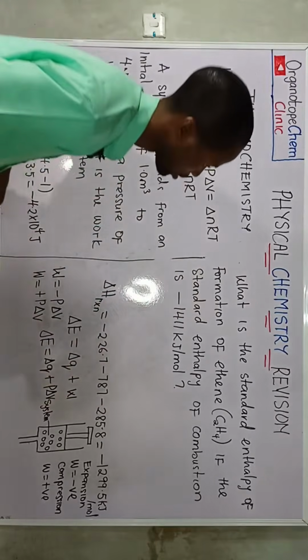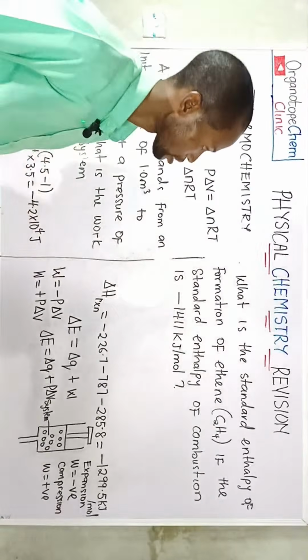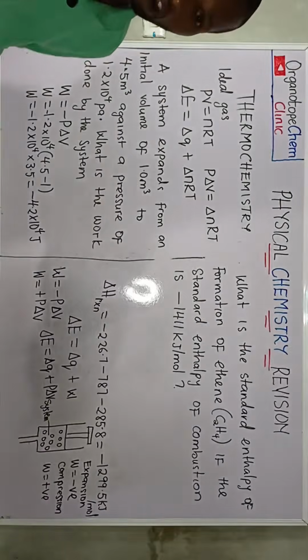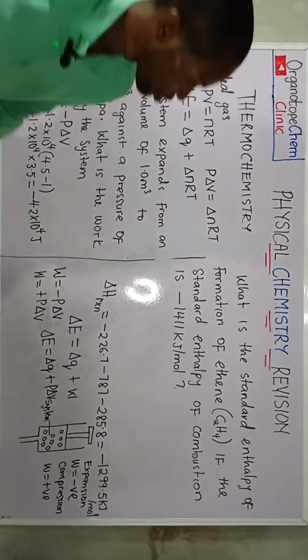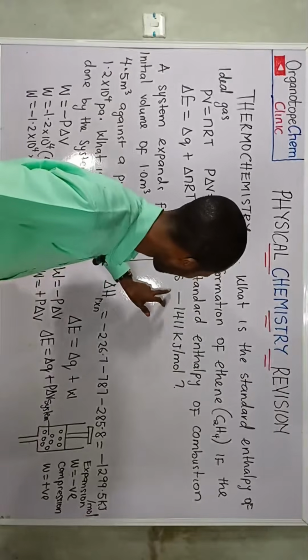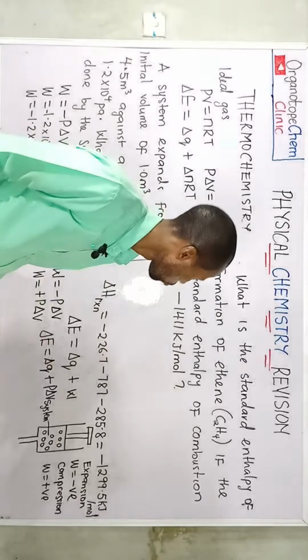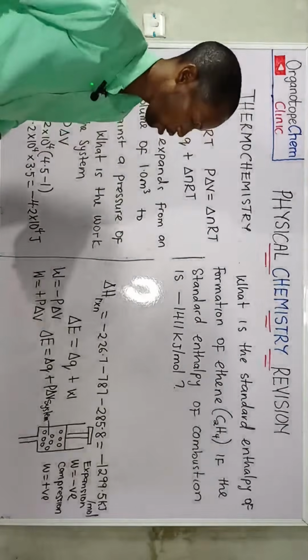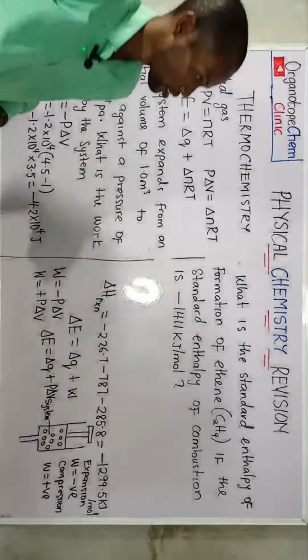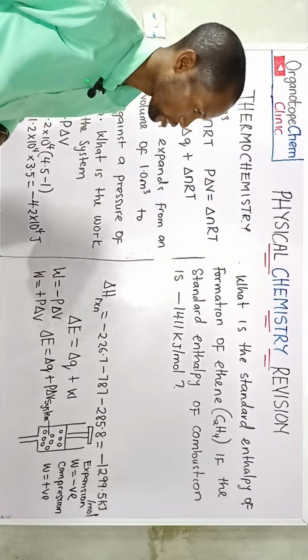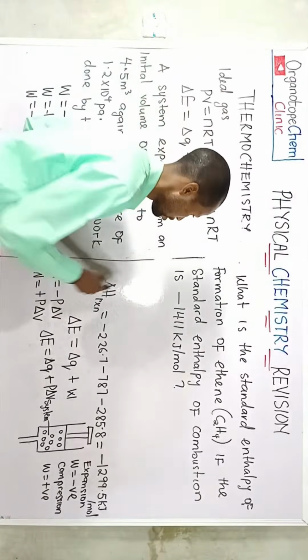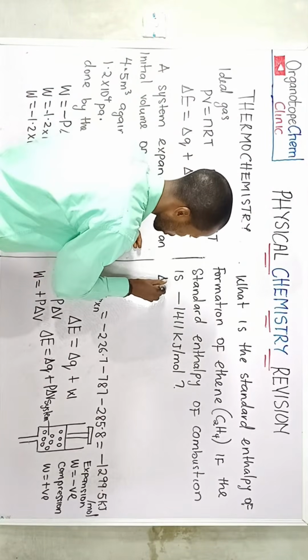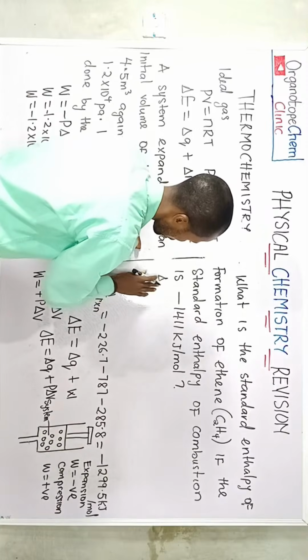So the question is, what is the standard enthalpy of formation of ethene, given that the enthalpy of combustion is minus 1411.